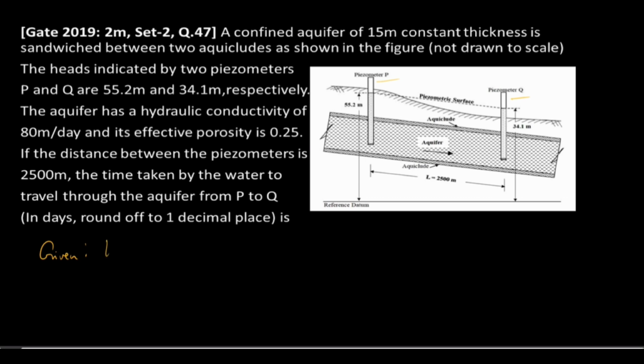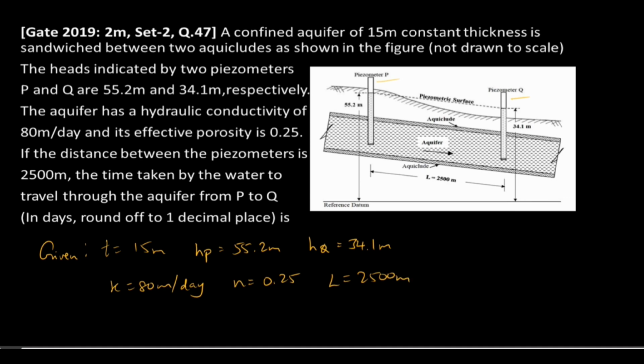Given thickness of aquifer T equal to 15 meter, head at P equal to 55.2 meter, head at Q equal to 34.1 meter, hydraulic conductivity K is equal to 80 meter per day, porosity N is equal to 0.25, and the distance between piezometers L is equal to 2500 meter.